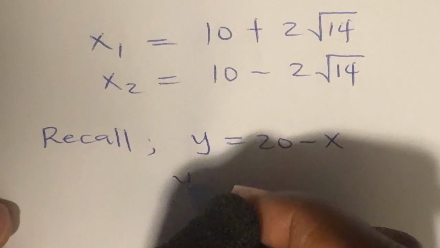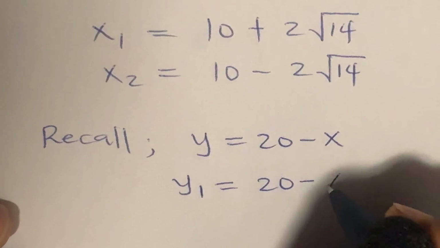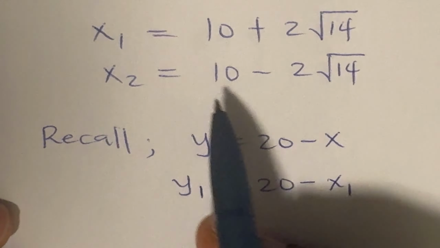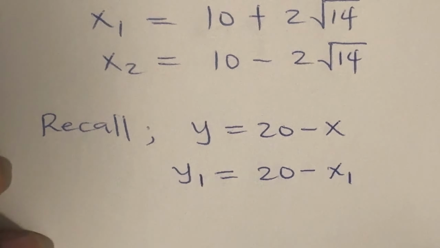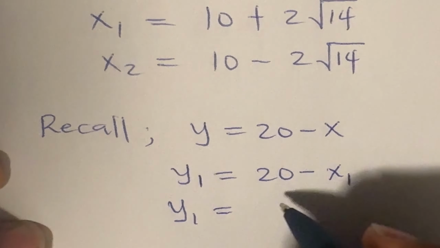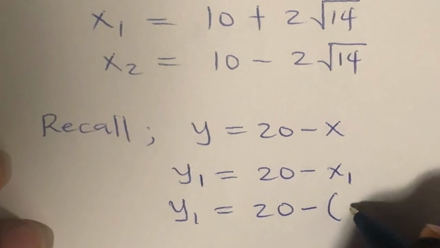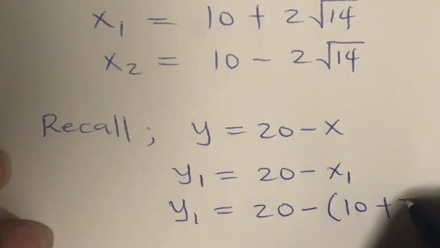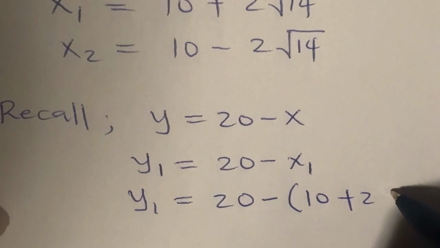Therefore, y1 is going to be 20 minus x1, and x1 is 10 plus 2 root 14. Therefore, y1 is going to be 20 minus 10 plus 2 root 14.